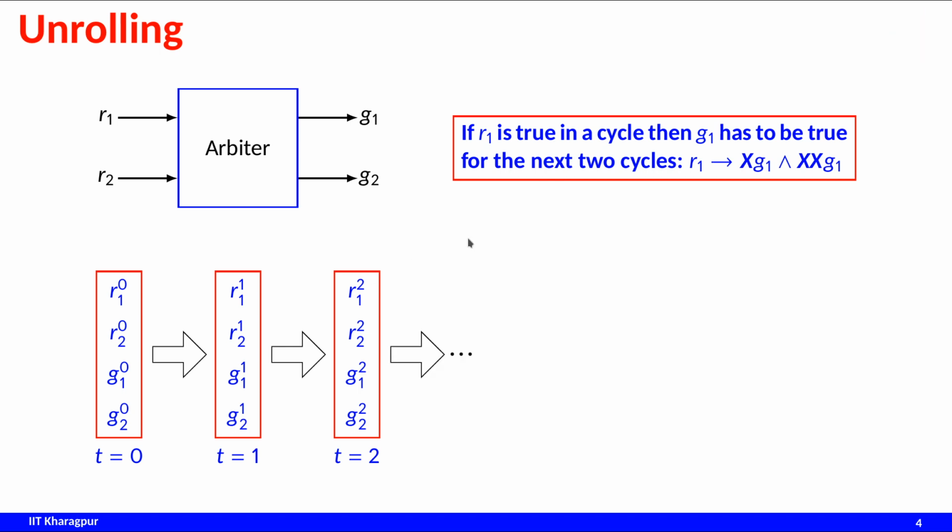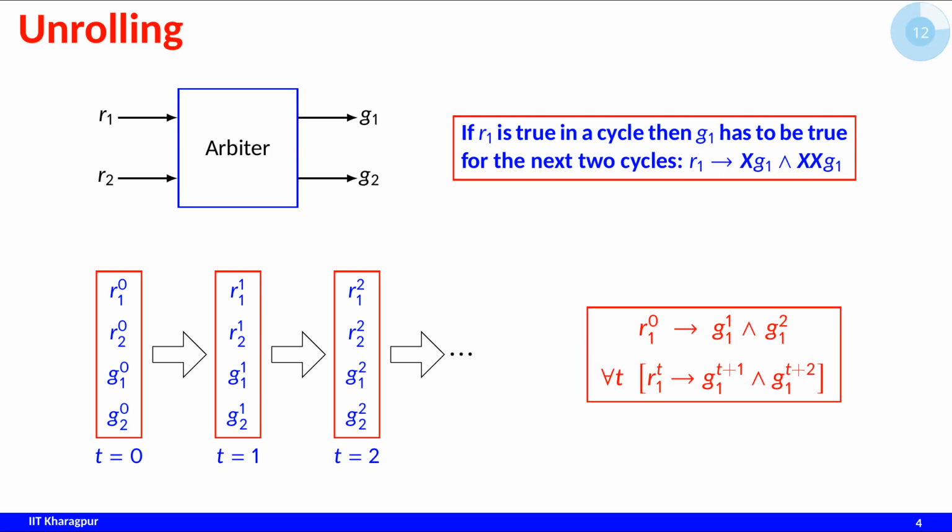Now when we have this temporal property and would like to express it, we have to use the variables across the time steps. If we would like to check this property, we can say r1_0 implies that g1_1 has to be true and g1_2 has to be true.